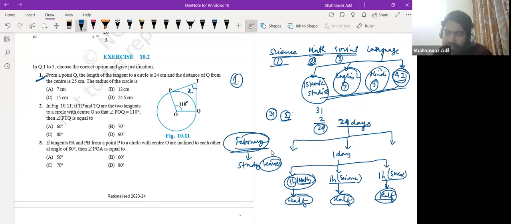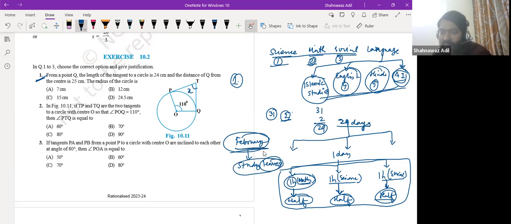Because up to that time you would have completed all those chapters. You know all the basics, you have solved all these things, and now you are only practicing, in this month and in your study leaves.